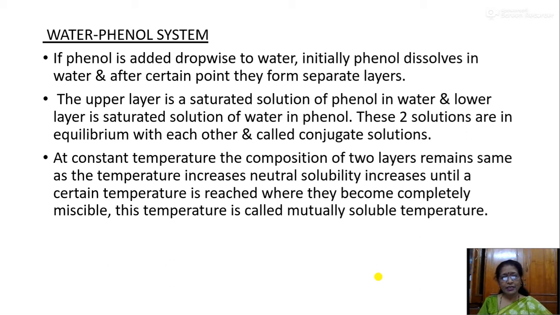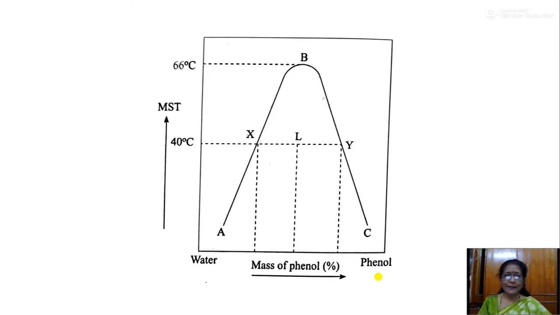As the temperature increases, mutual solubility also increases until a certain temperature is reached where they become completely miscible. This temperature is called the mutual solubility temperature, which can be represented as MST. Now see this diagram. Along the x-axis is the mass of phenol in terms of percentage.